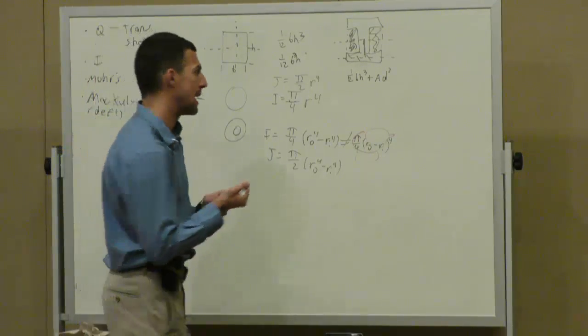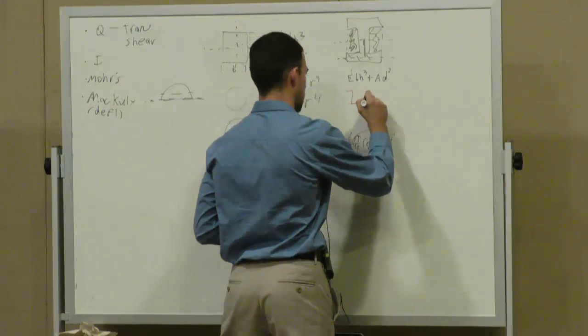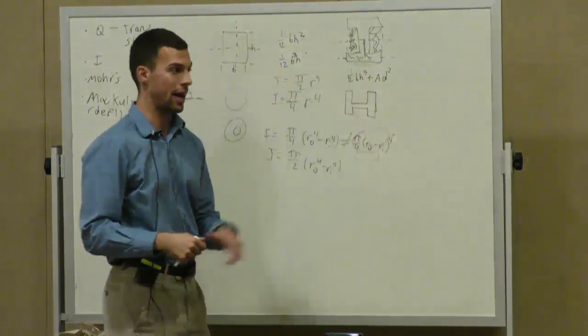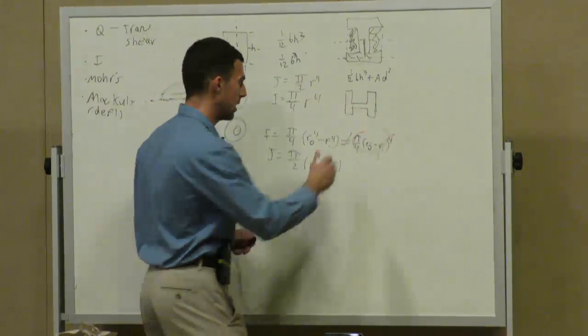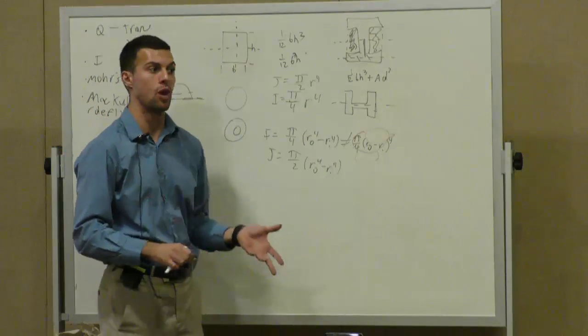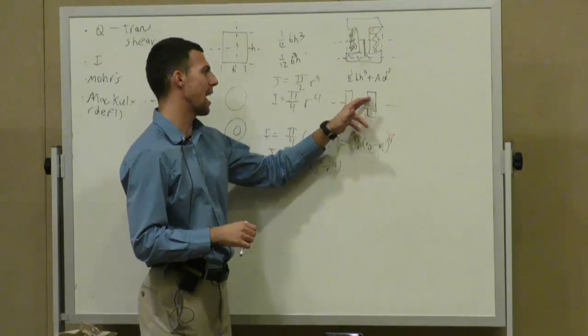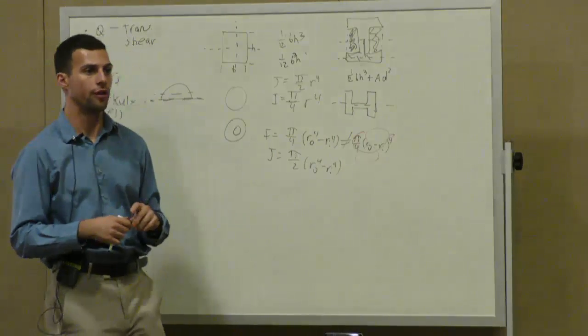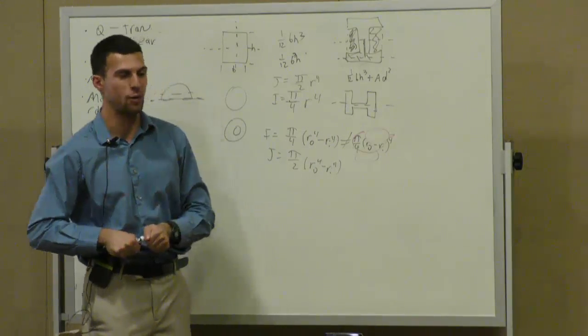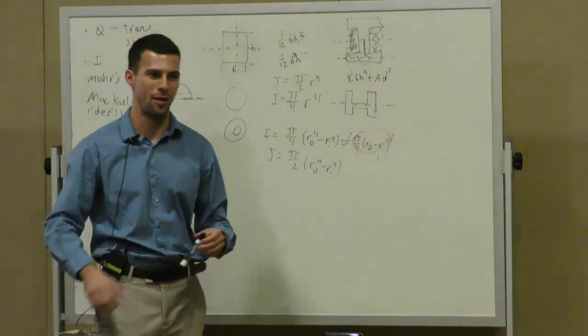So for an H-beam, which is an I-beam turned on its side, surprise, surprise, it works the opposite way. In this case, you want to add up all three, assuming you're going about this axis, rather than subtracting, because now each of these has its neutral axis on the overall neutral axis. And in a T-beam, you're screwed, because you have to do parallel axis theorem. There is no way around that for a T-beam.